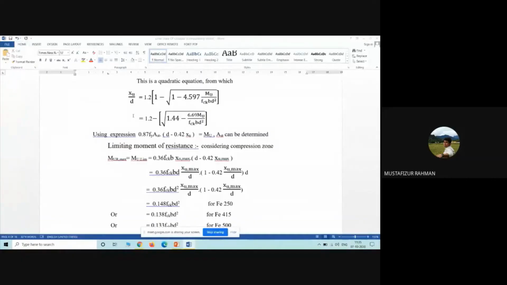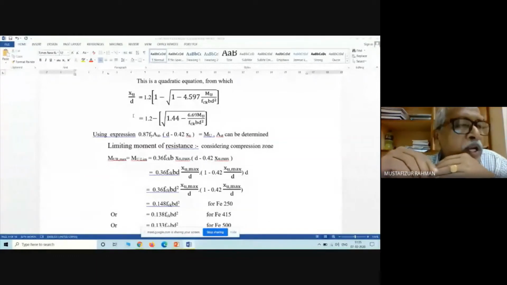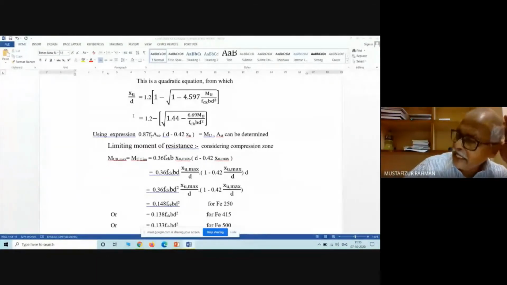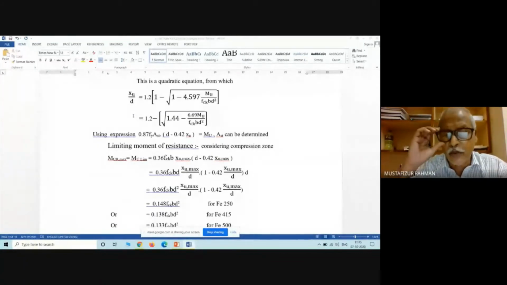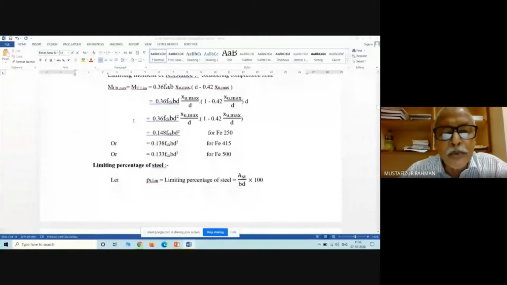Providing a higher quantity of steel than our requirement, then it is over. So in that case, it will be called over reinforced.